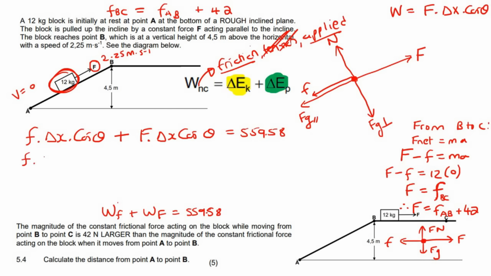So let's fill in what we do know. We don't know what the friction force is, we don't know what the distance of the slope is, but we know that this will be cos 180. Why? Because the object is moving this way, but friction acts that way. So that's a 180 degree angle between them. Then we can say F over here, and then Δx, and then this one will be cos 0, because the object is going this way, and the force is also going that way.